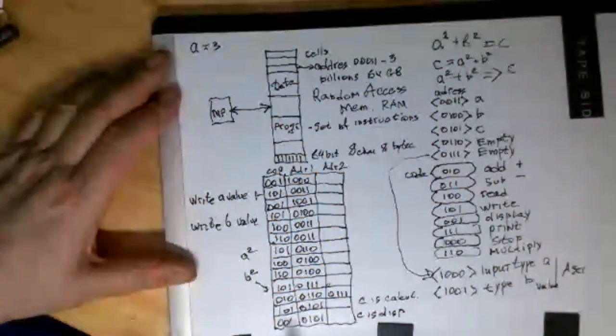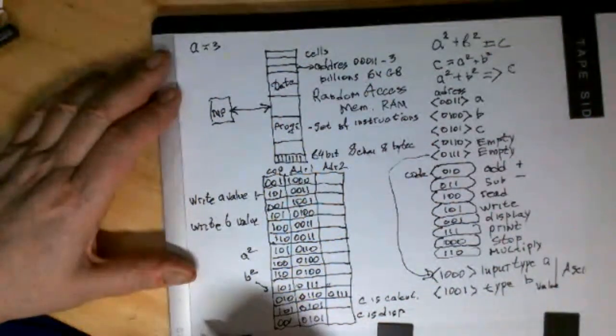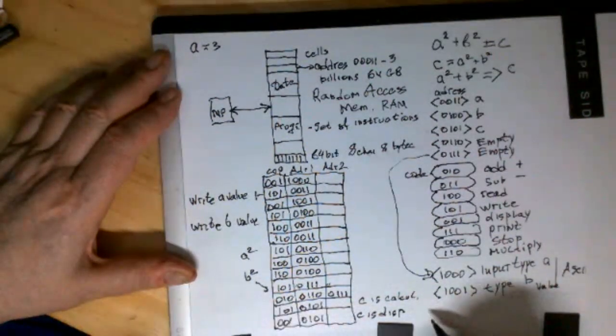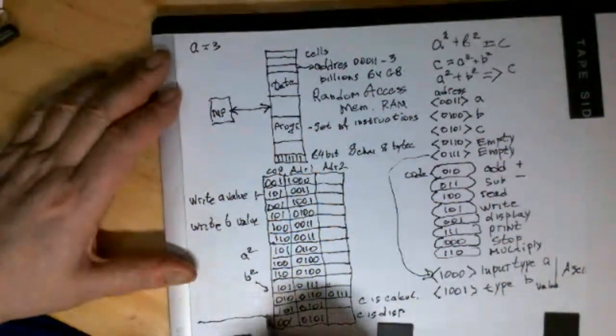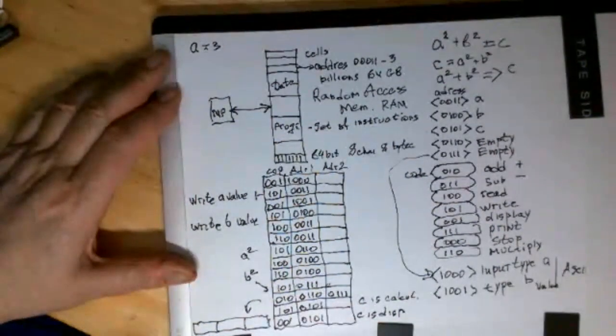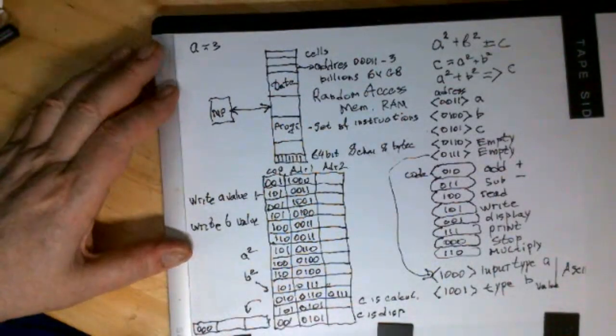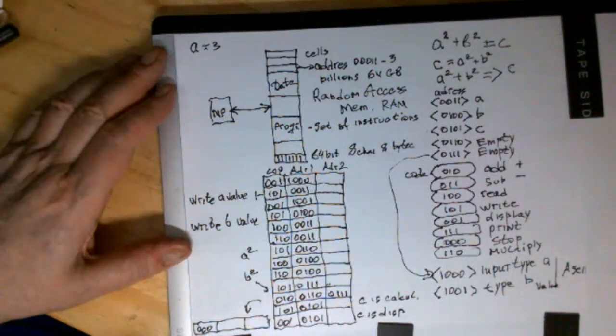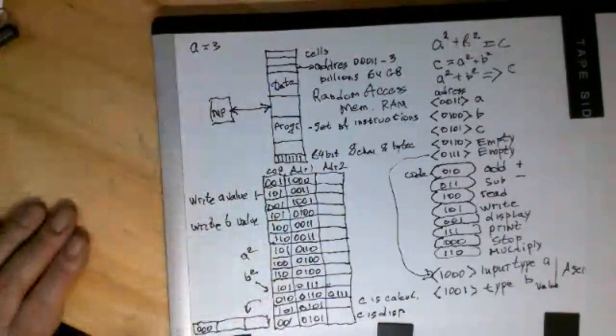And the last cell, I don't have space here, but I put it here. That will be the last cell in the program. The last cell in the program will be stop. Stop is 000 operation, meaning no values in address.